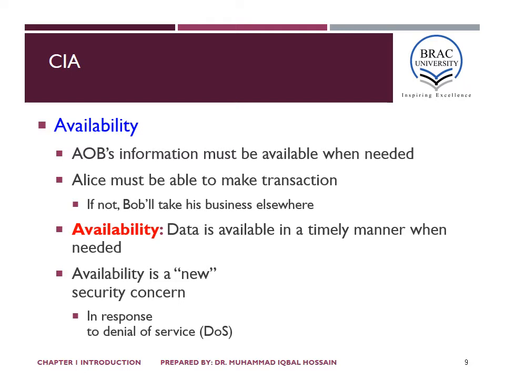If not, then Bob will take his business elsewhere. So availability means data is available in a timely manner when needed. Availability is a newer security concern. You might have heard of DoS attack or DDoS attack, denial of service. It is actually for this availability issue.